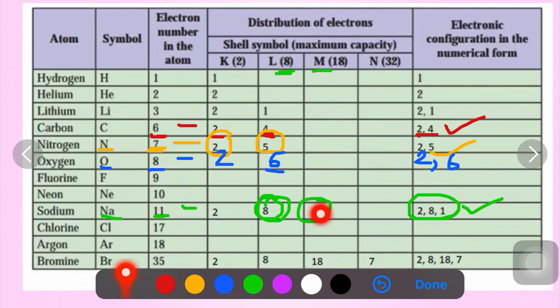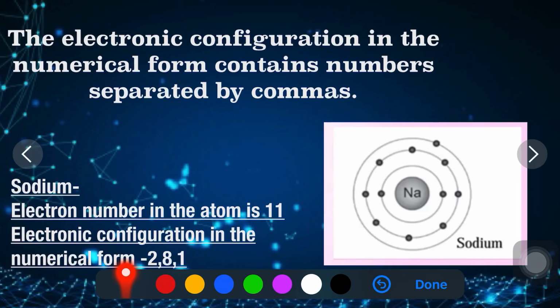It means that the total 11 electrons in sodium are distributed as 2 electrons in shell K, 8 electrons in shell L, and 1 electron in shell M. The electronic configuration of an atom can also be represented by the shell diagram as shown in figure 5.8, which is on page number 34 of your textbook.